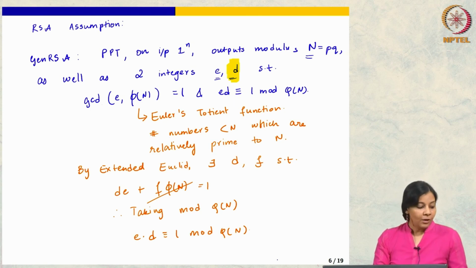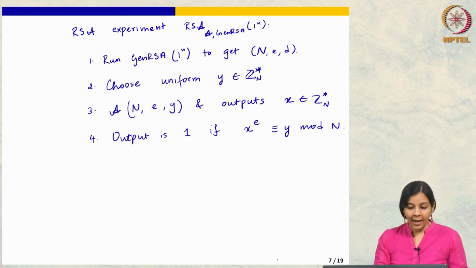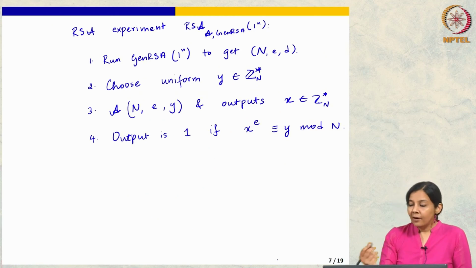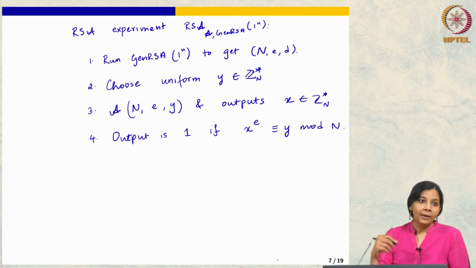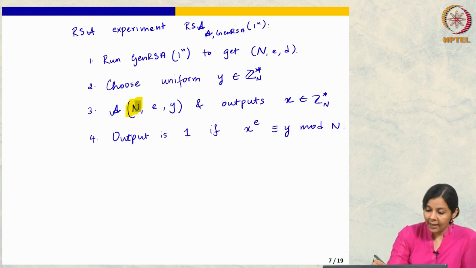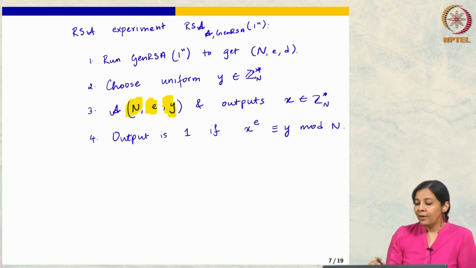Now given all this information, suppose I have a Y and a D along with N and E. So basically I have N and E and Y, that is the input to the adversary. The adversary already has N, E and Y. Now if I also have D, can I find this X?